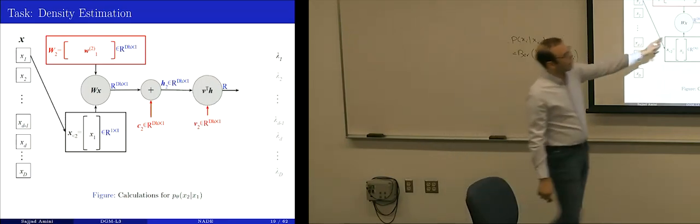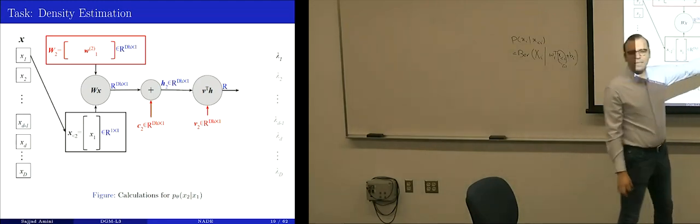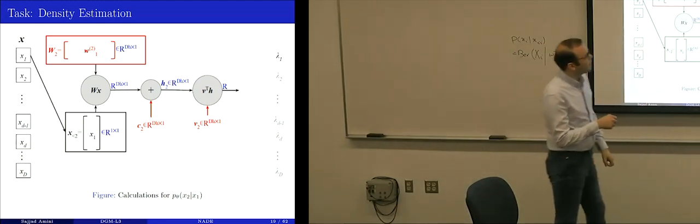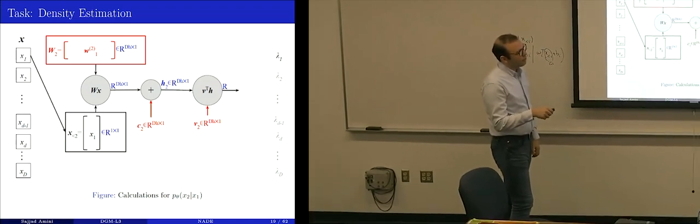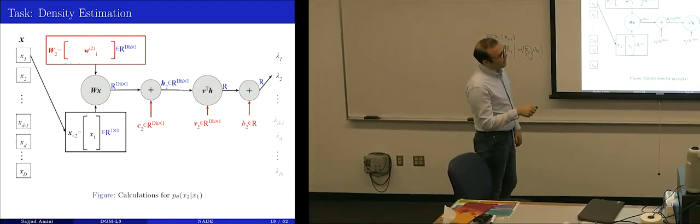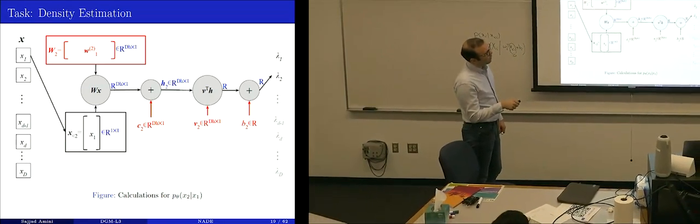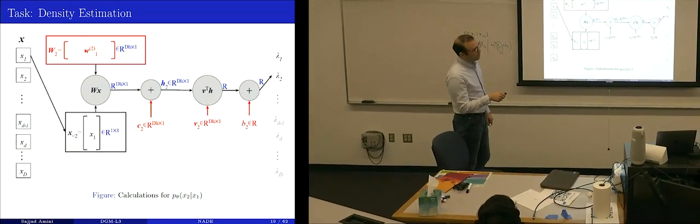This is exactly as previous. We see that the representation should be inner product with a new vector, and then a bias is added, and I forgot to add a sigmoid here. When the bias is added, it goes through a sigmoid and then generates the parameter for the second element, lambda 2.